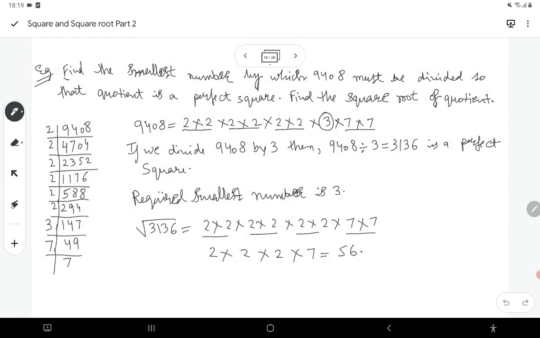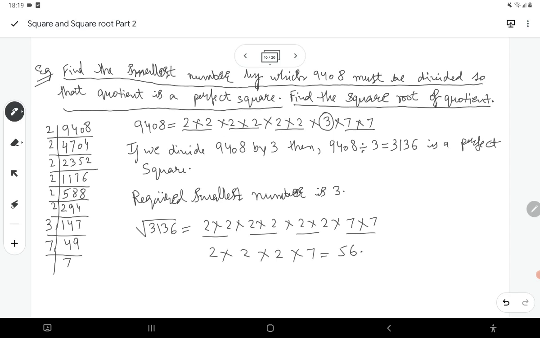The next question says, find the smallest number by which 9408 must be divided so that the quotient is a perfect square, and find the square root of the quotient.